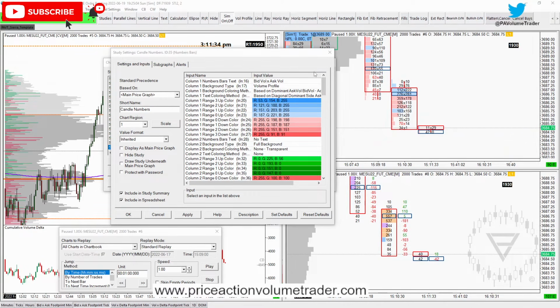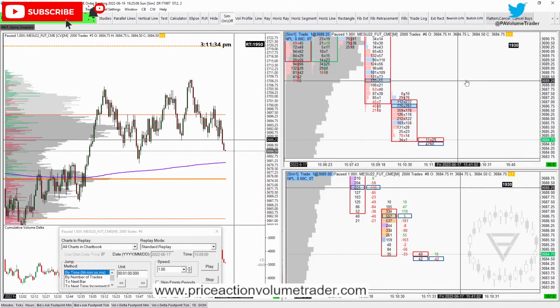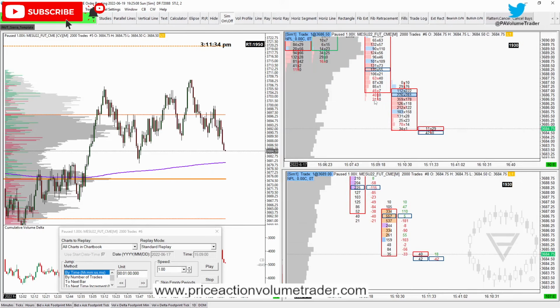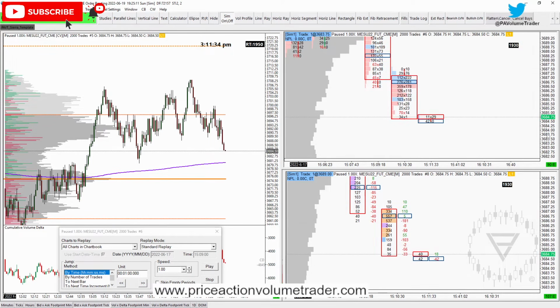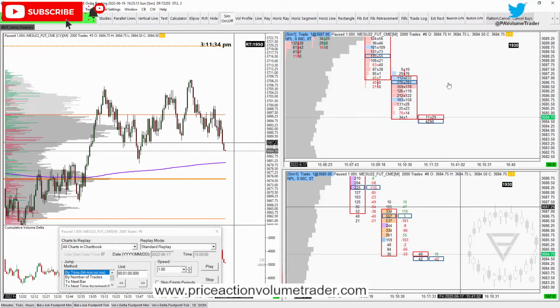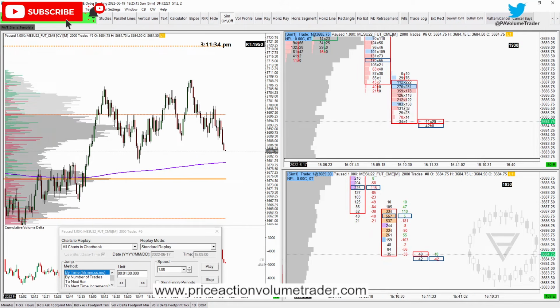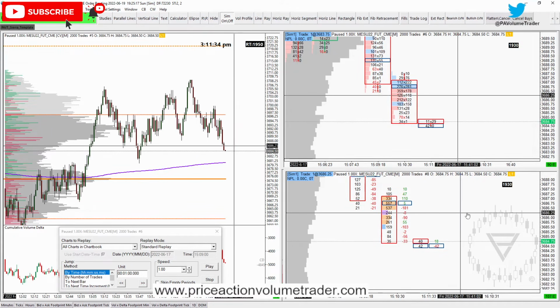Okay, but anyway, I don't want to go too deep into this and confuse you guys. I'm just saying there are a lot of different tools you can use to highlight things to make it easier and more efficient when you're using footprint charts.